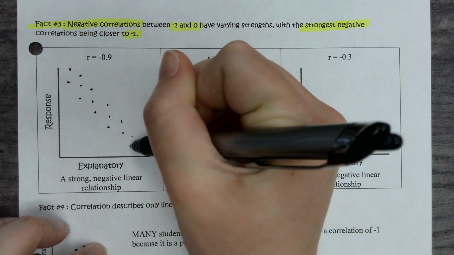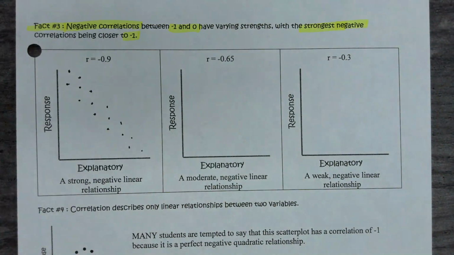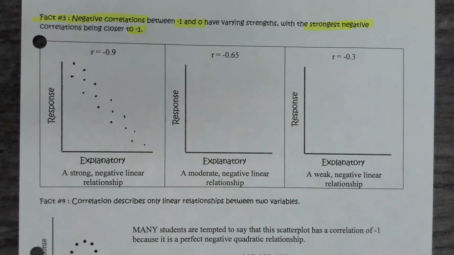So I know I can definitely tell it is a strong negative linear relationship, decreasing left to right. Now, as we get further away from negative 1, our relationship weakens. Because think about it, 0 is right in the middle, so if I'm going closer to 0, that's less of a strong relationship between the two variables that I'm looking at.